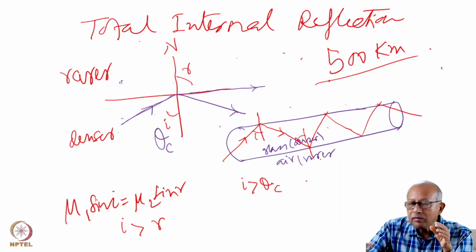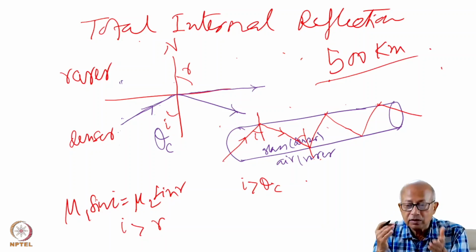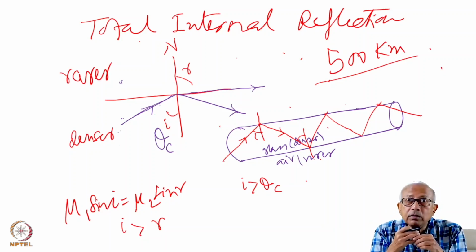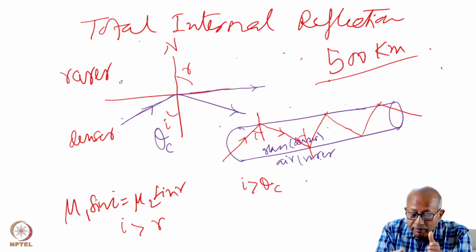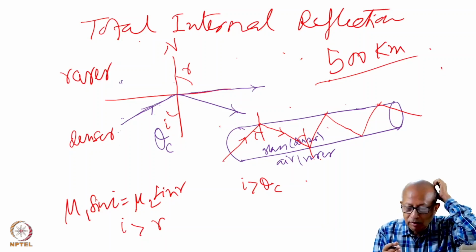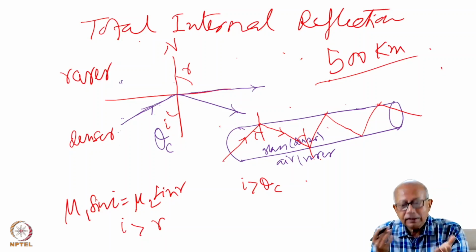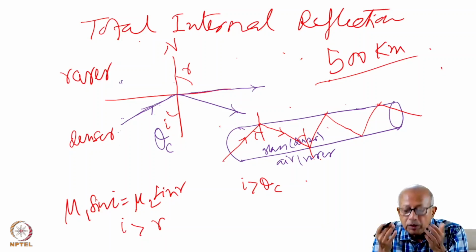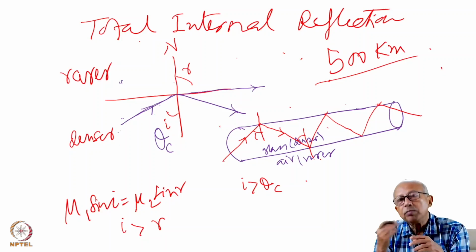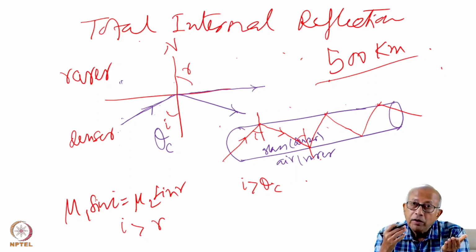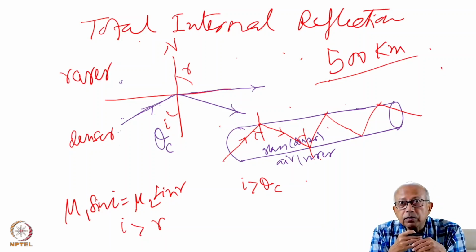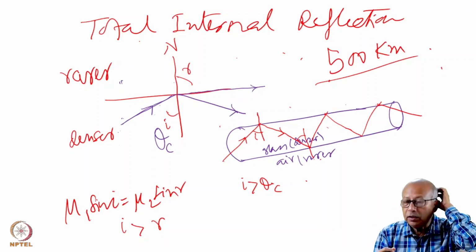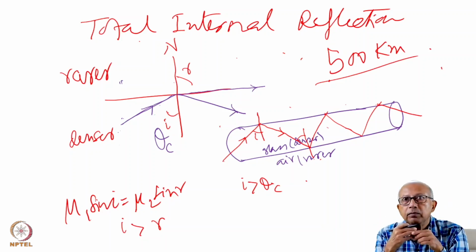So the light can travel very long distance, as I say, 500 kilometers. And you can dump almost seemingly endless amount of information because the frequency of light is much more than microwave or radio wave frequencies. We will come to it later during the course.